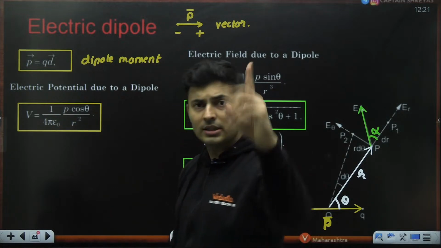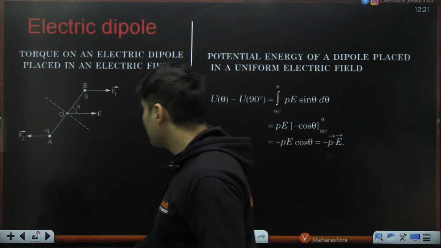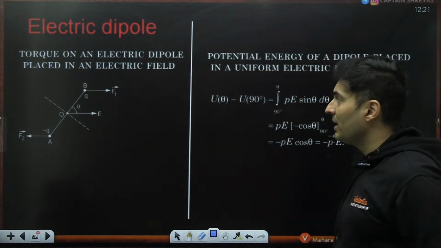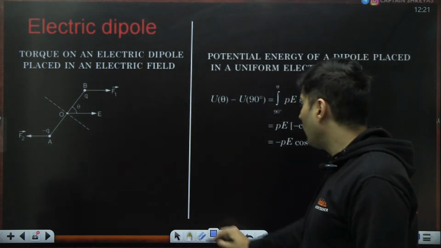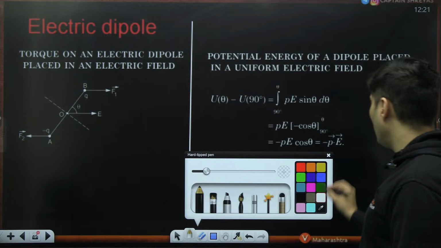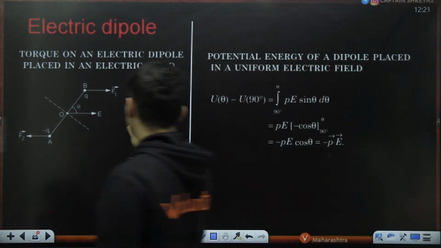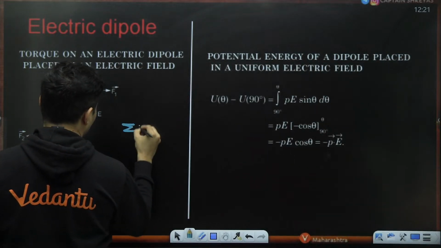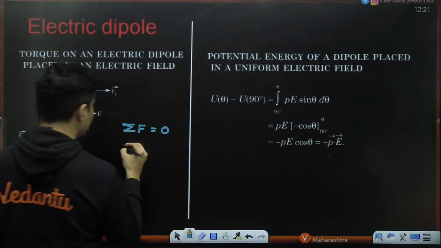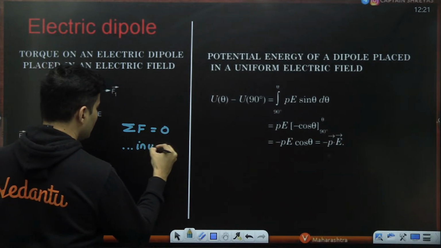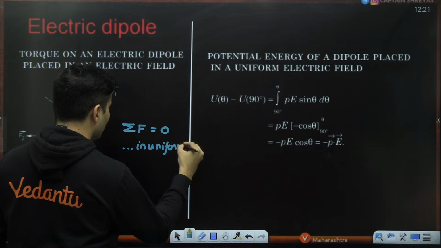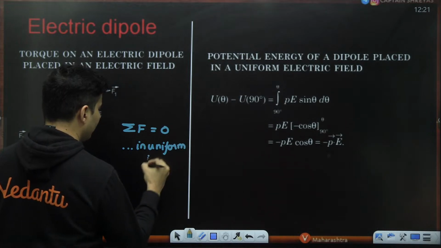Similar formulas are also there in magnetism. Next, if you take the dipole and place it in a field, then remember the net force is always going to be 0 in a uniform external field.